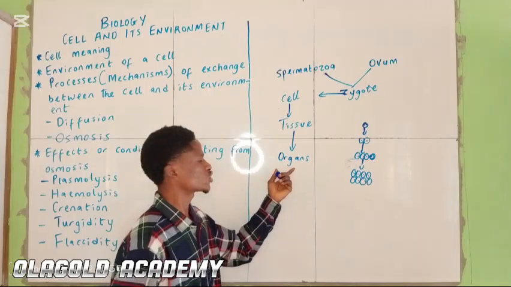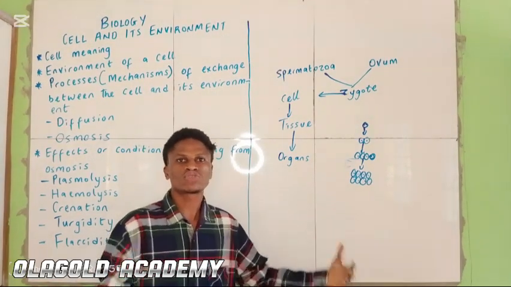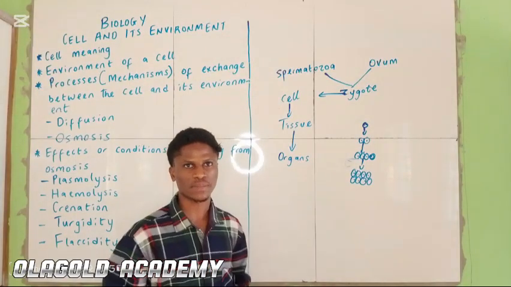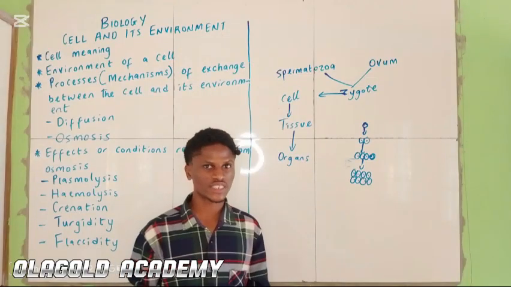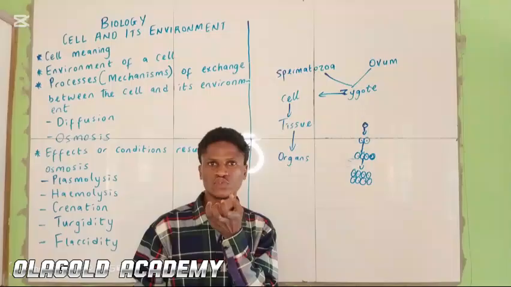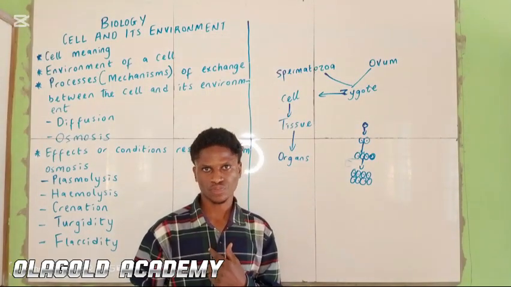From the organs, we have some kind of organs coming together, combining to form what we refer to as system. For instance, for the digestive system, we have the mouth. When you chew the food, it goes to the esophagus.